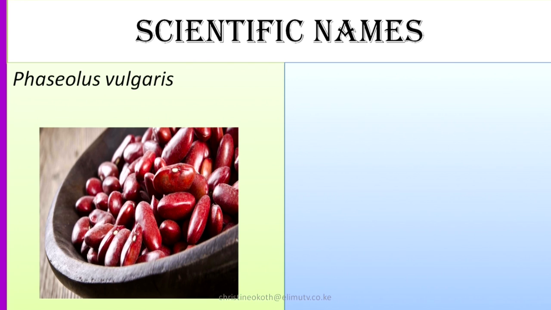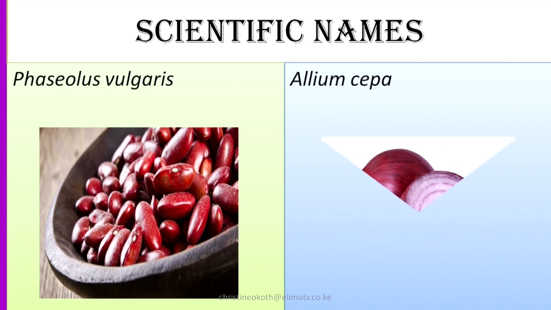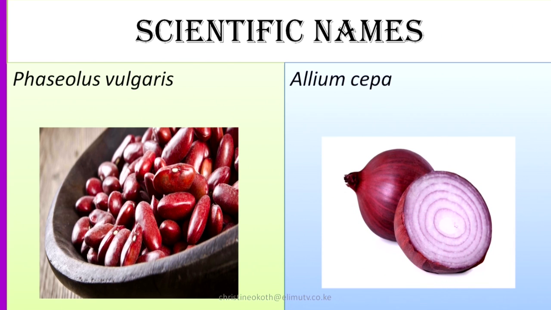The beans have the scientific name Phaseolus vulgaris. We have our onions, which you normally use at home. It's called Allium cepa.